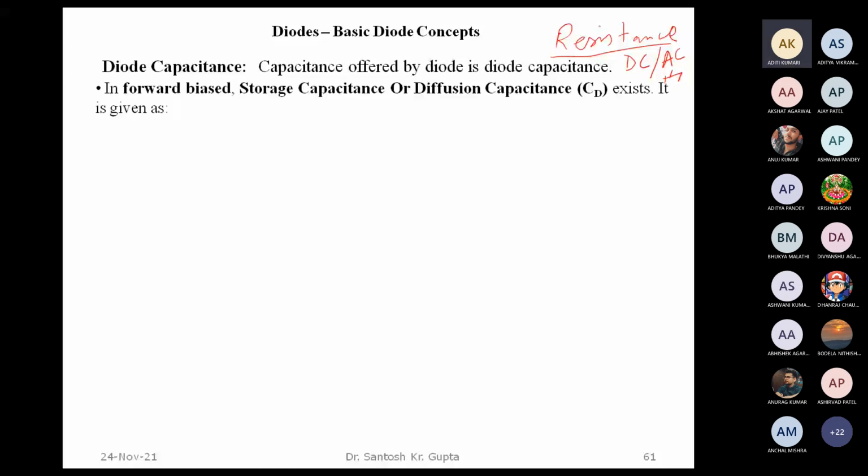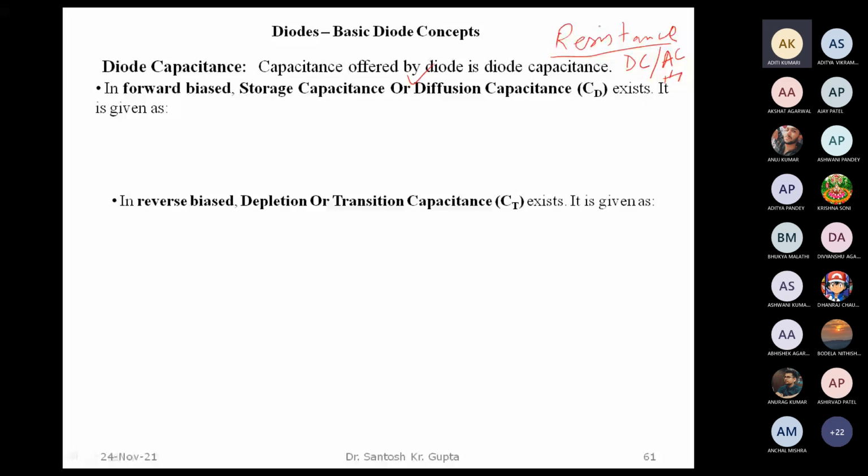In the last lecture also we tried to get accustomed with these two types of capacitances which are offered by a PN junction diode. One is diffusion capacitance, and the other is transition capacitance.